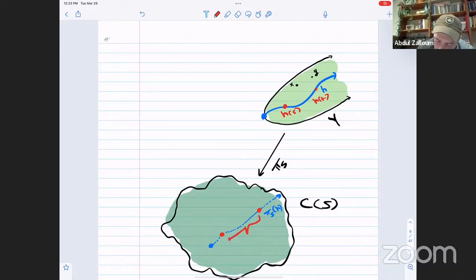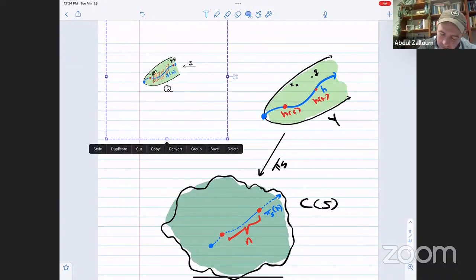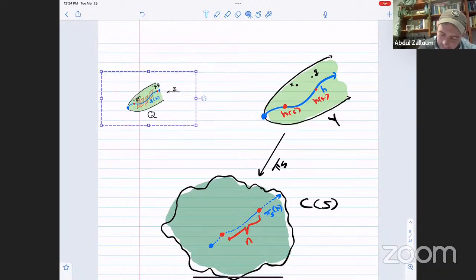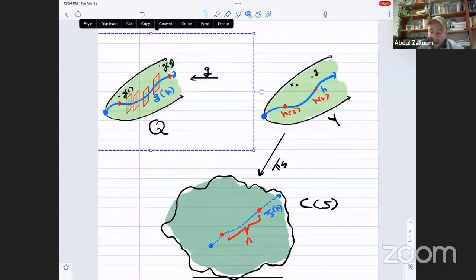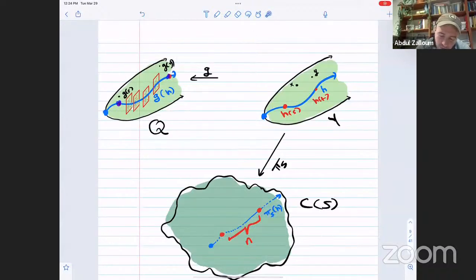If the distance between these projections is N, and you look at what's happening in the approximating cube complex, here is the approximating cube complex, and here is the quasi-isometry G. In the approximating cube complex, the corresponding red points are going to be separated by a collection of L-separated hyperplanes, and what's the cardinality of this collection? It's coarsely N. Okay. So to me, this is an interesting statement. Why?